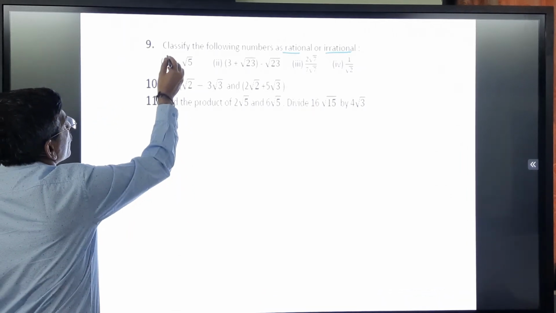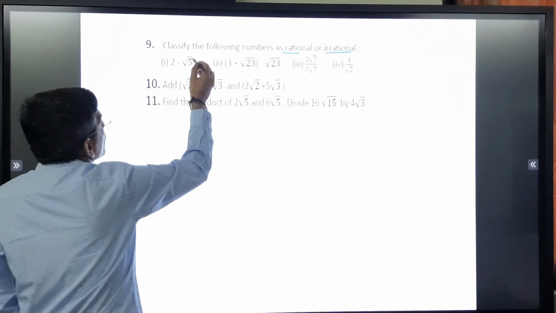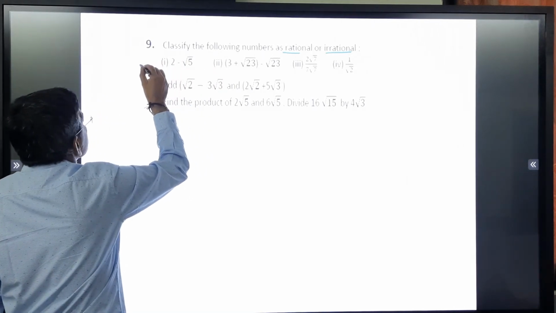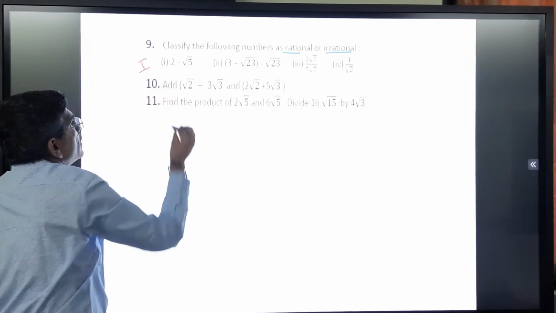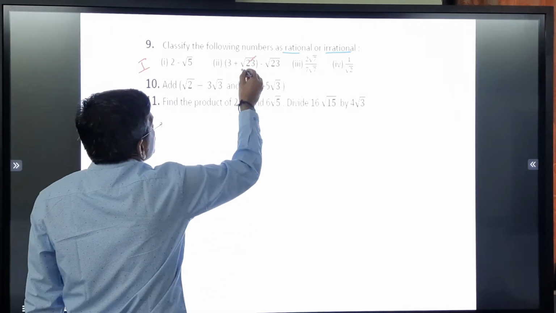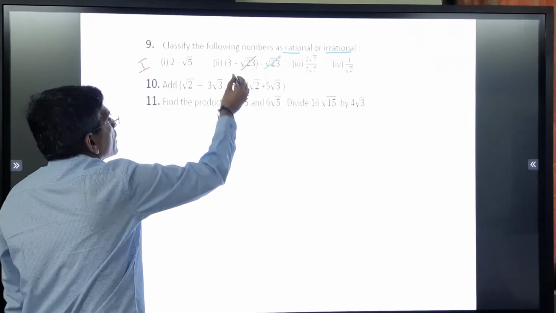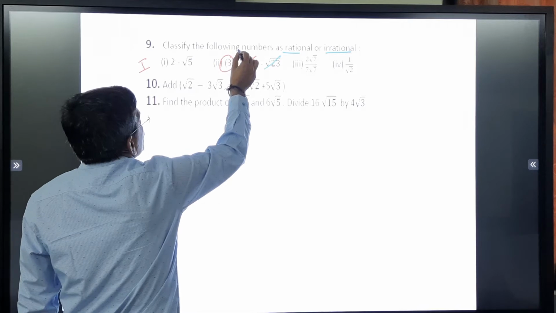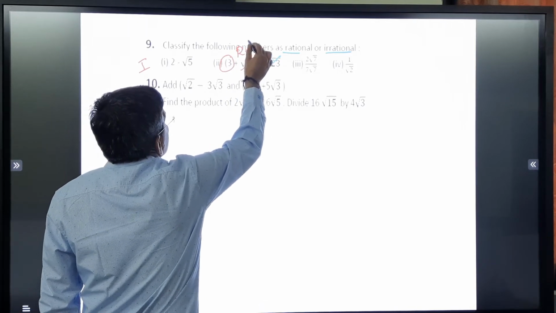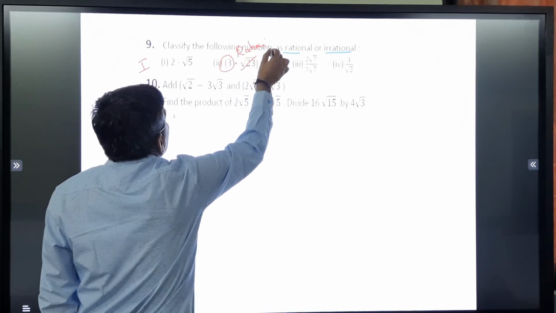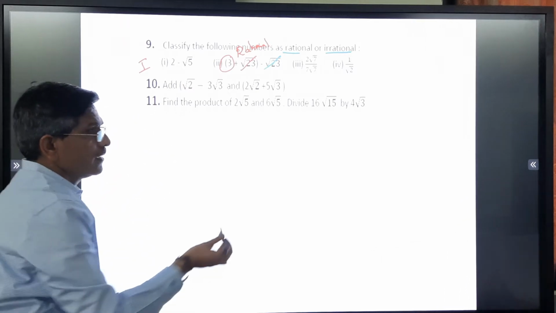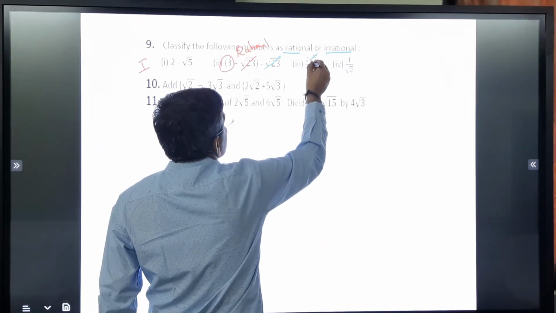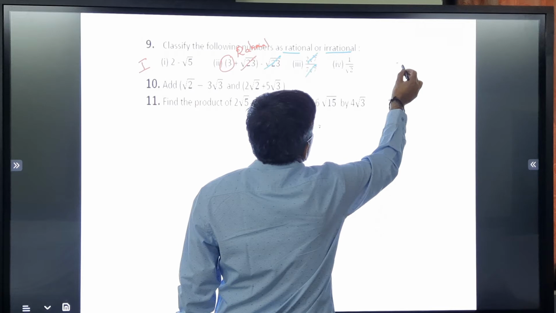So here the first one, because a root is there, we can say it is an irrational number. Here plus root 3 minus root 3 cancel, so only 3 is there, so we can say it is a rational number. Here it is irrational. Again this root 7 cancels, so the answer is 2 upon 7.